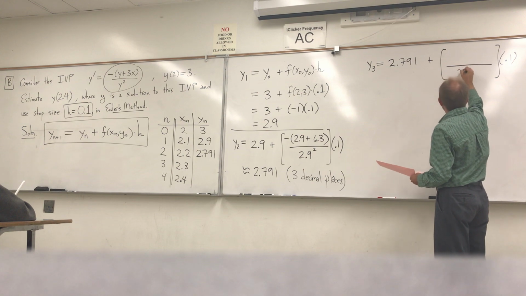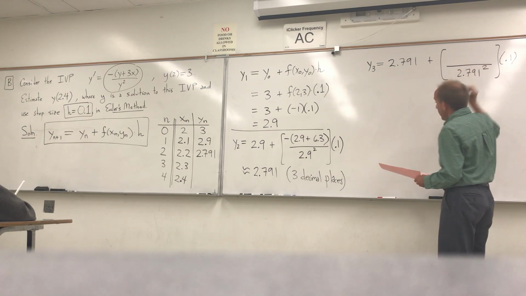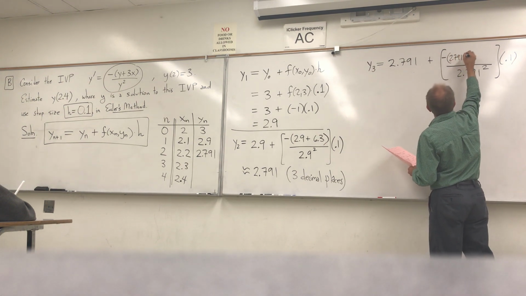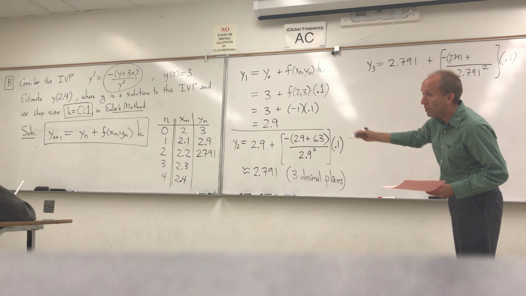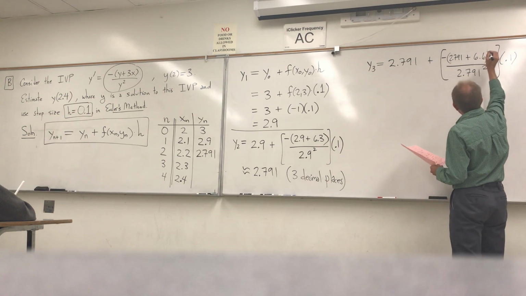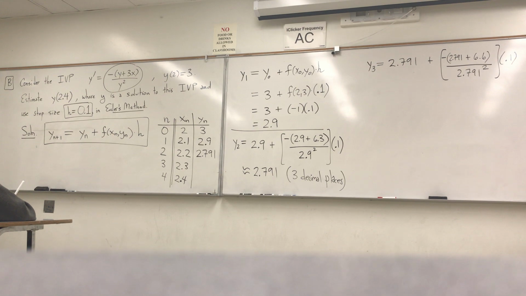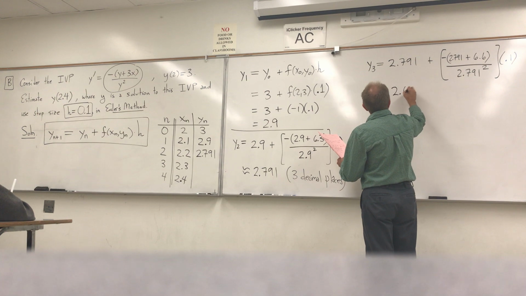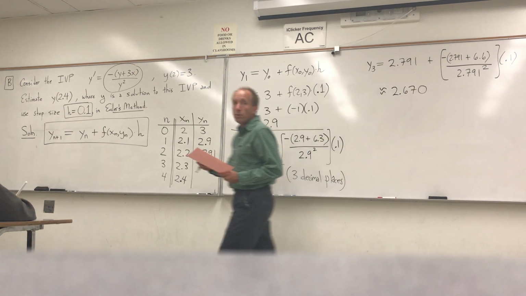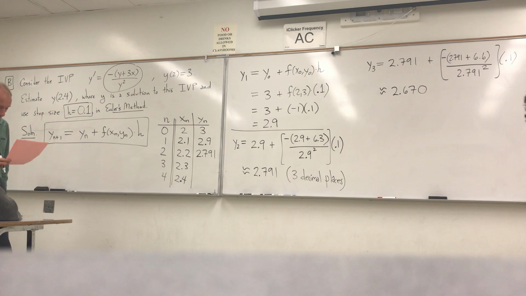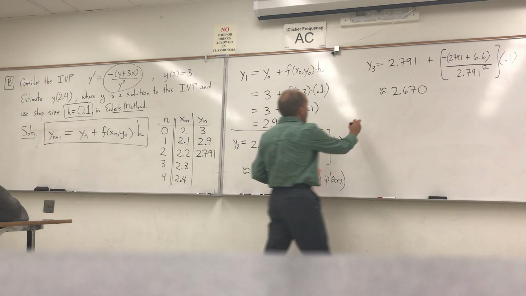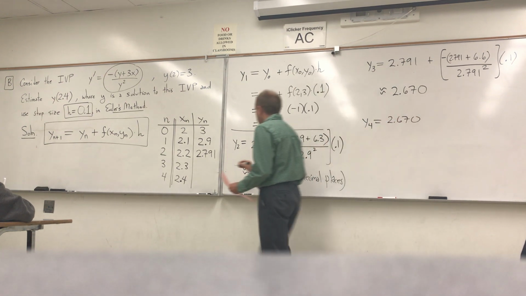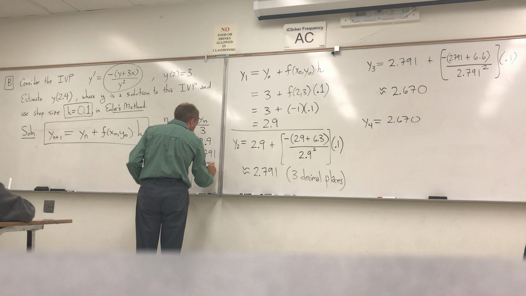The denominator is 2.791 squared, and then on top you'll have negative 2.791 plus 3 times 2.2, which is actually 6.6. So you get something like that, and I already worked this one out as well. This is approximately 2.670. So I worked that one out to 3 digits as well. And then finally, y sub 4 would be 2.670. So I'll put that in the table here.